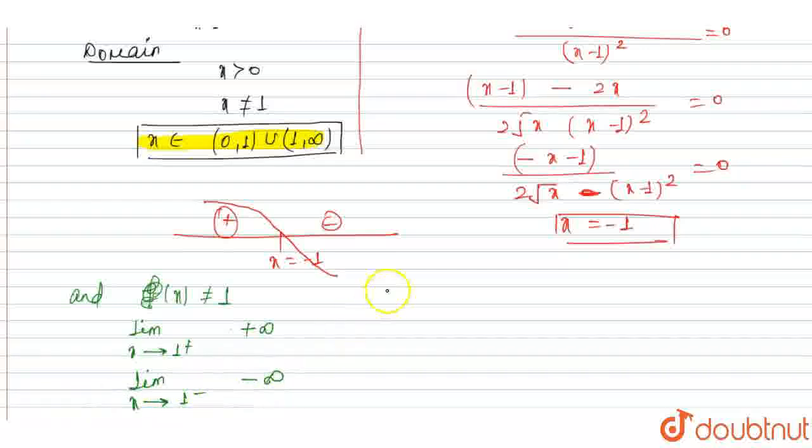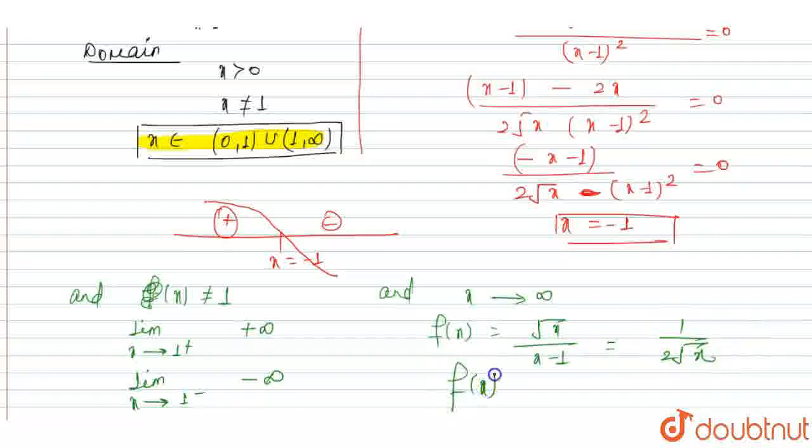And when x tends to infinity, f(x) is root x upon x minus 1, which is infinity by infinity, so using L'Hospital's rule and differentiating with respect to x, we get 1 by 2 root x. Put x is equal to infinity, then this value tends to 0. So at infinity f(x) tends to 0.